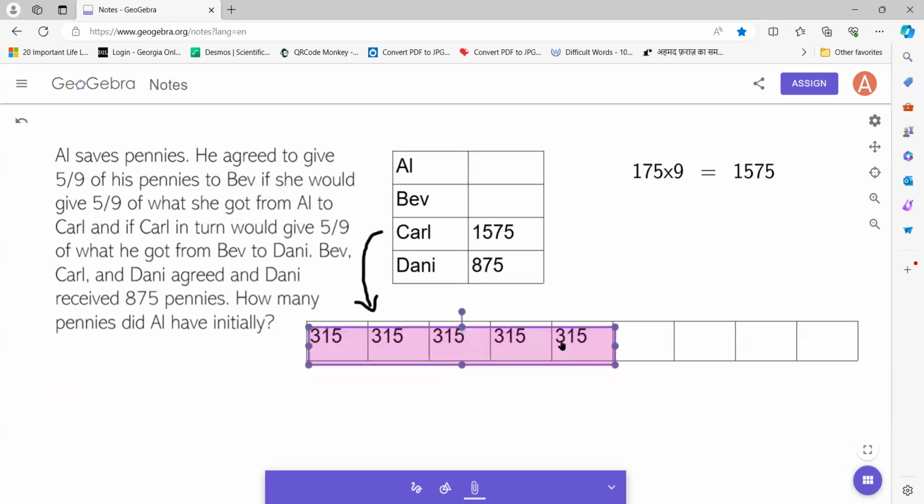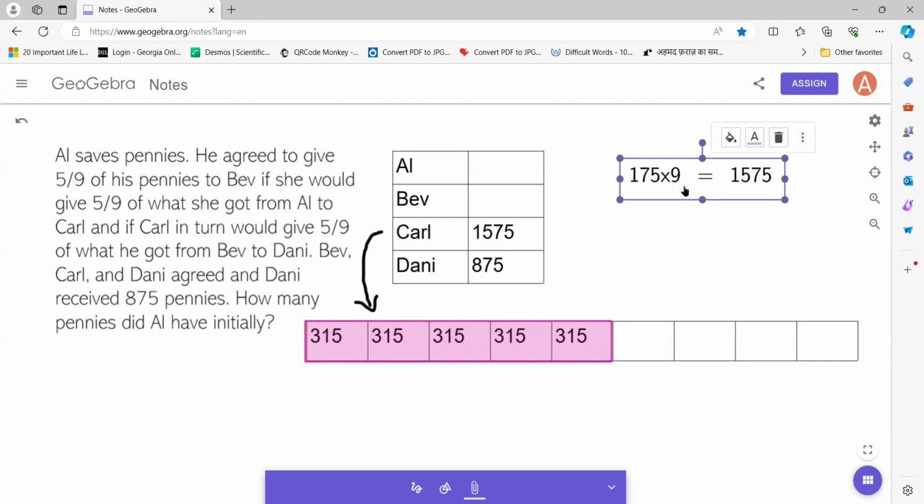Now, this number, 1575, must be 5/9 of all the pennies Bev had. This whole strip represents Bev's original number. Each cell of this strip is 315.